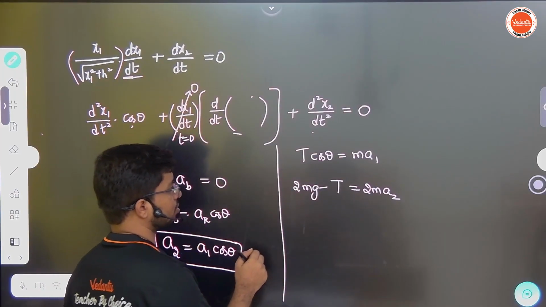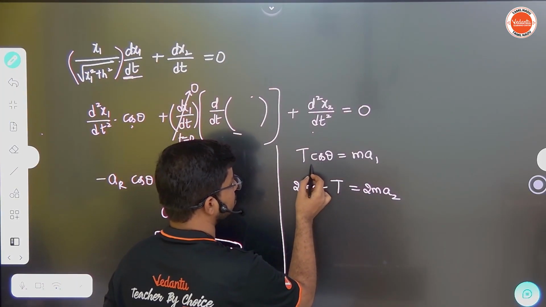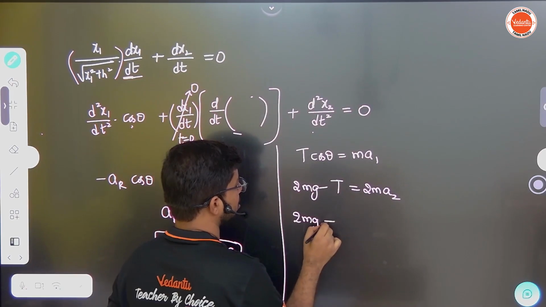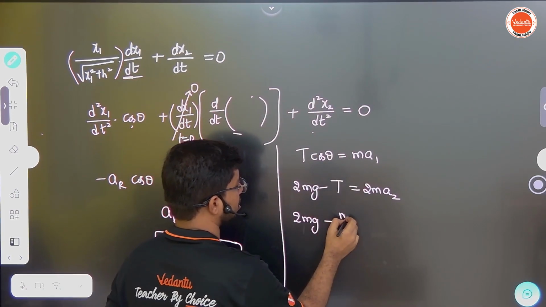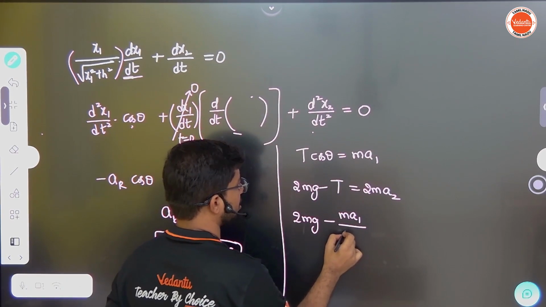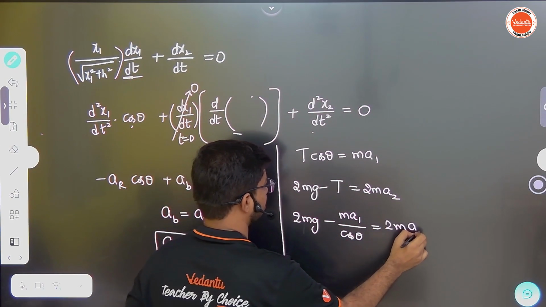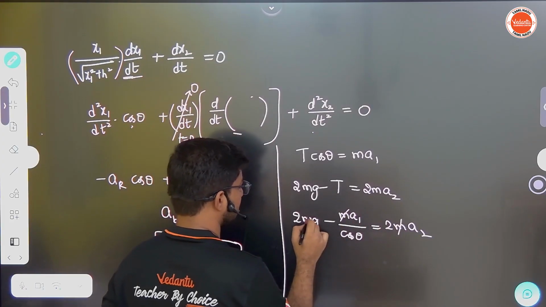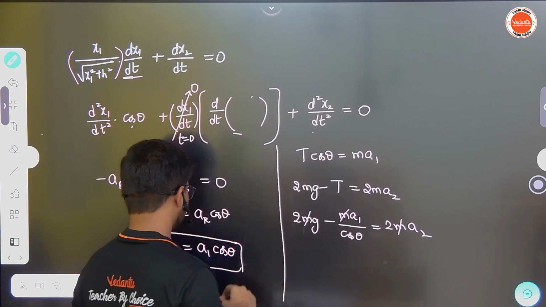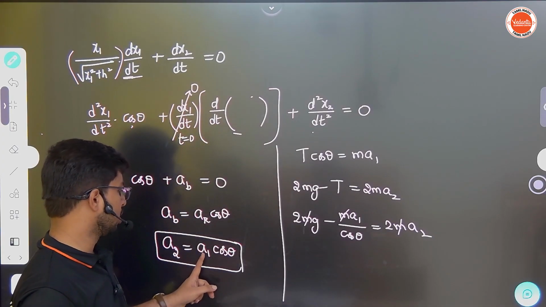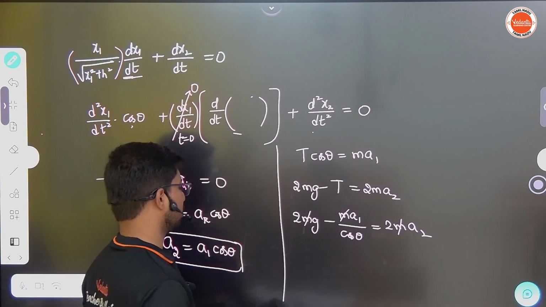And what we need to find out are all the unknowns over here. So let us do it one by one. So in place of T, what can you write here? This is 2mg. In place of T, you can write ma1 divided by cos theta, which is equal to 2ma2. Cancel the mass m over here in all the terms. Then let us remove the a2 here. In place of a2, write a1 cos theta.